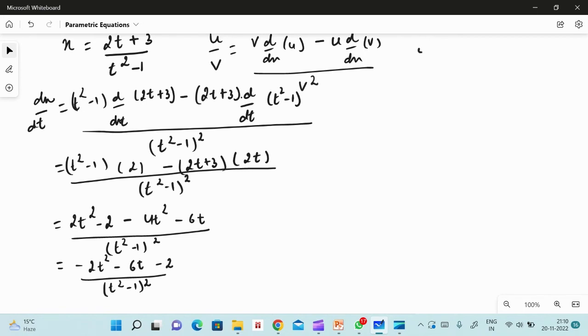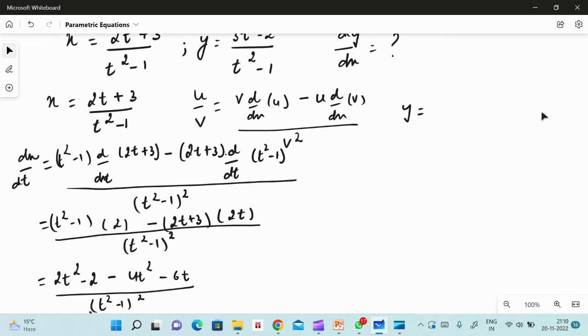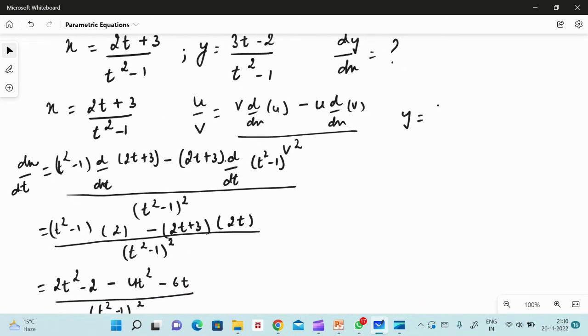Now if I take y, then the value of y is, it is given, 3t minus 2 divided by t square minus 1. Again, the quotient rule will be applied.